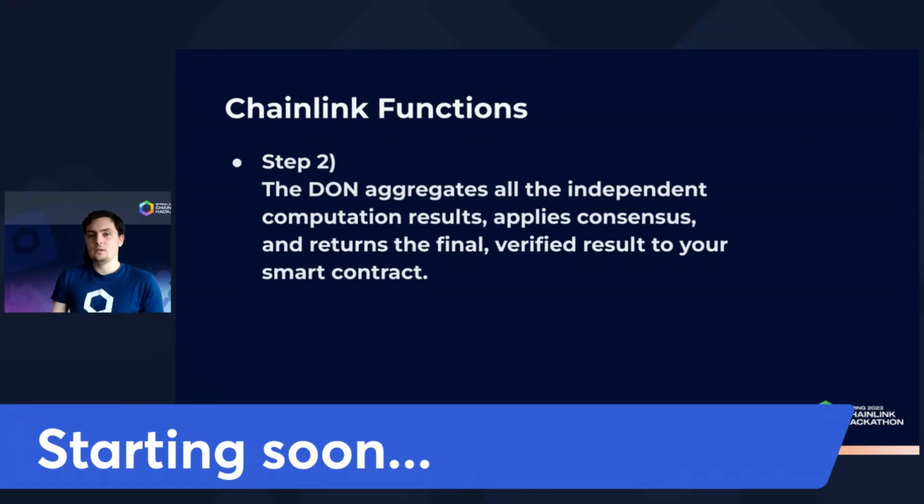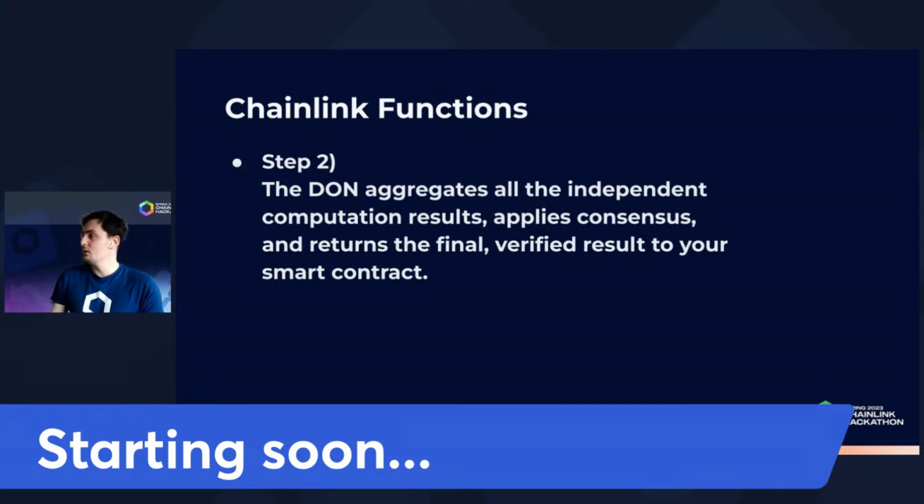Now, after the code is run by every single node, all of the nodes in the DON will need to communicate between themselves using OCR, a peer-to-peer network, and aggregate all of these independent computation results, apply consensus, cryptographically verify it, and return the final result to the calling smart contract, as I already said. So that's why you'll have that second function.